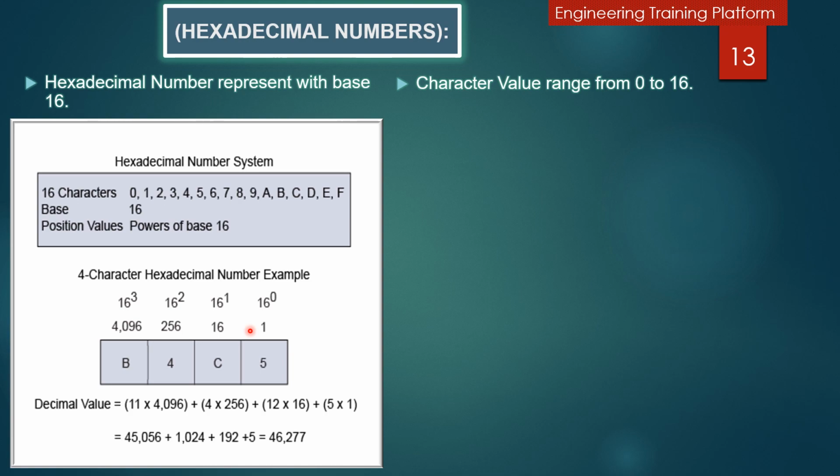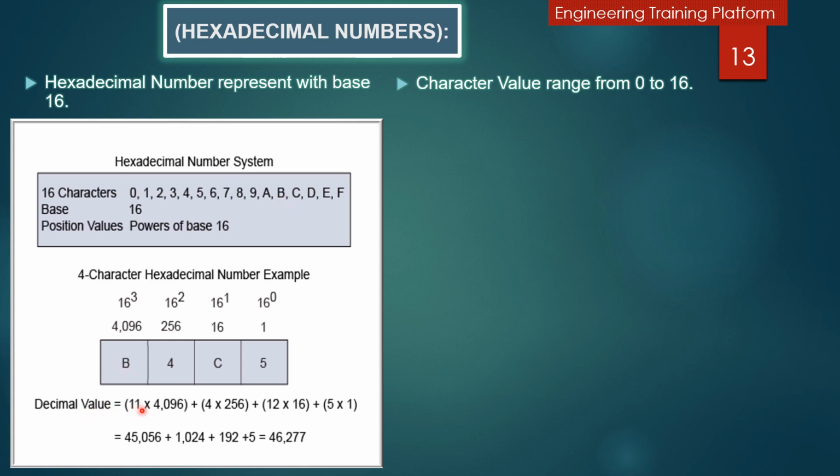Now we are going to convert the hexadecimal number into decimal values. B is equal to 11, as I already explained: A is 10, B is 11.